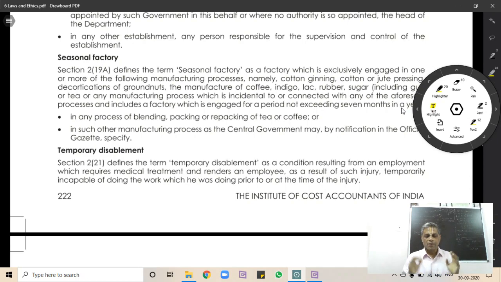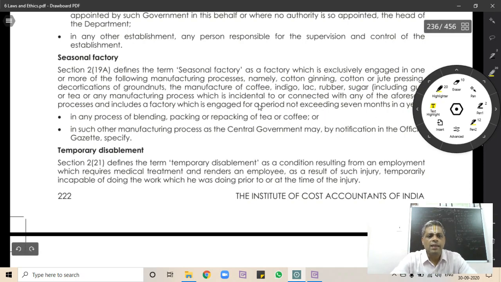So it means that any establishment which is supporting these manufacturing activities will also be called seasonal factories. And also, a factory which is engaged for a period not exceeding 7 months in a year is also called a seasonal factory.